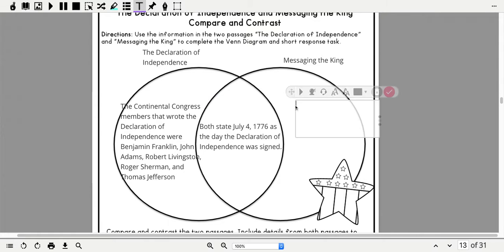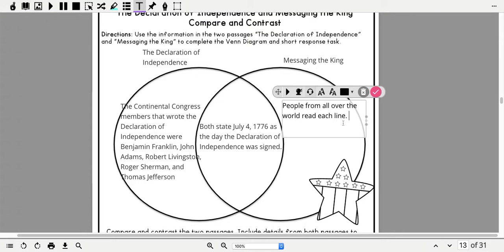Now I need something that is just in Messaging the King. We're trying to tell how they are alike and how they are different. One of the things that it tells us that nothing else does is that people from all over the world read each line.